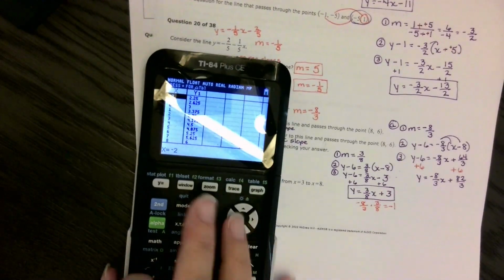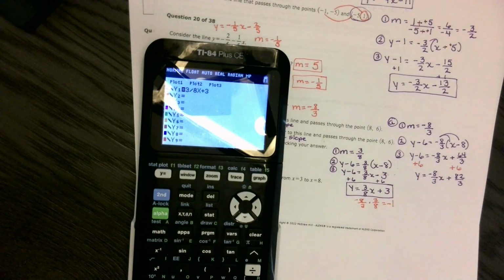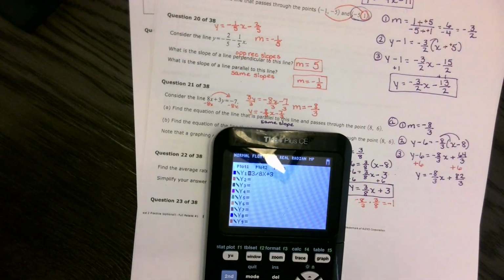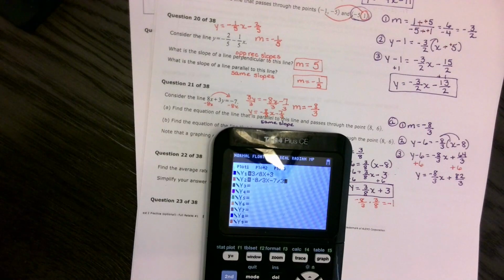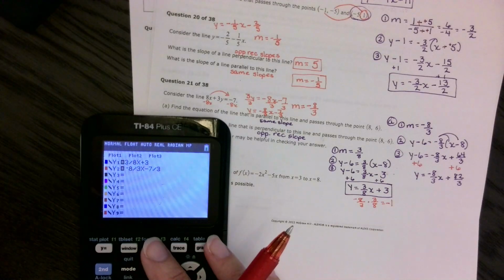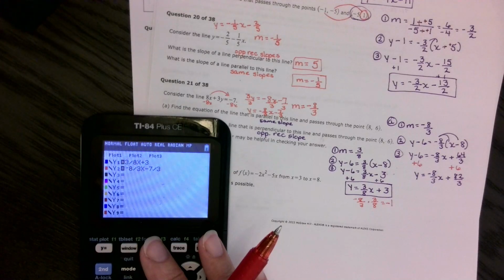The other way you can do it for visual effects, okay, this one is the one that we just did. Our original line was negative 8/3 x minus 7/3. If I graph these, in order for the perpendiculars, we're going to go zoom 6, let it graph.